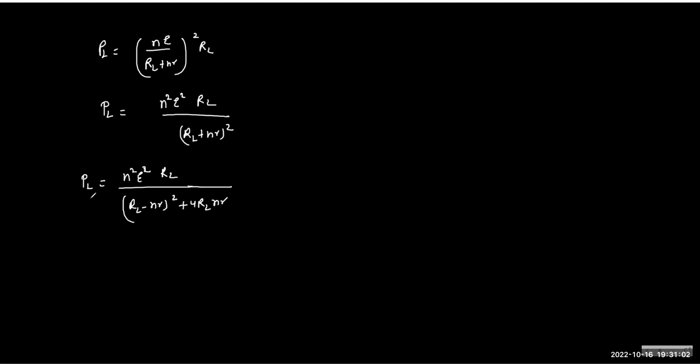So now we know that the function will be maximum when the denominator is minimum, right? For PL max, the denominator must be minimum.